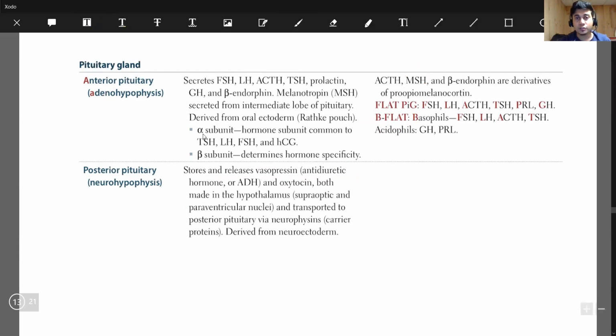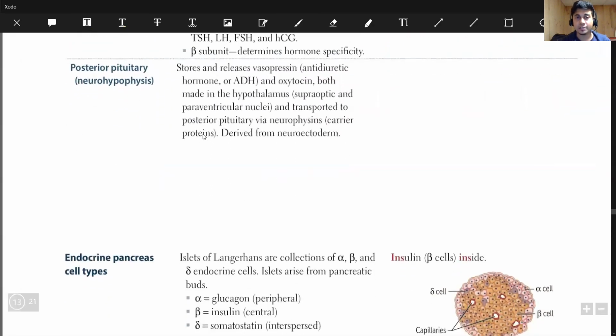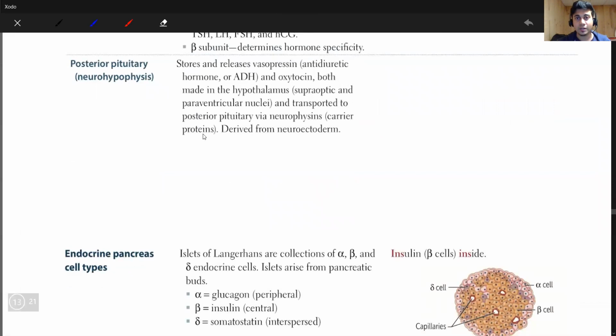The posterior pituitary, also called the neurohypophysis, as you can see, stores and releases vasopressin and oxytocin, which are not produced in the posterior pituitary, which is just their storage house. These hormones are produced in the hypothalamus, which is the structure above the pituitary in the brain.